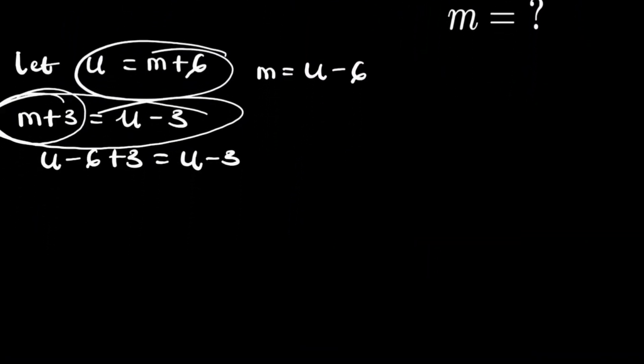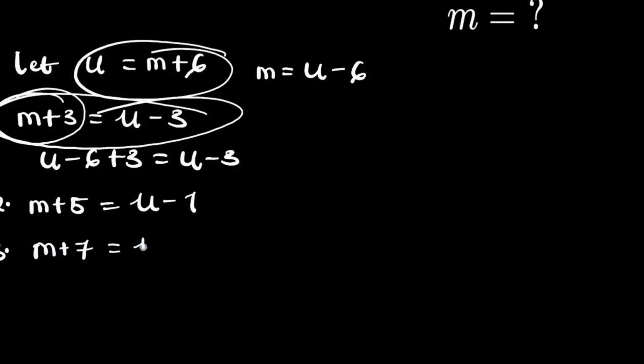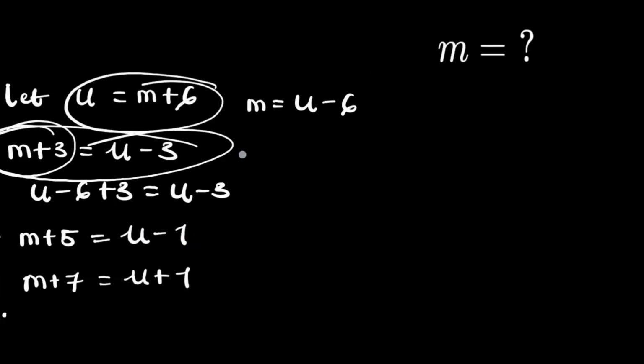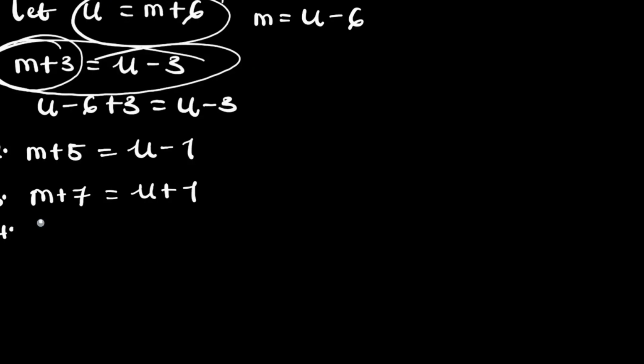The second bracket, m+5, will be u minus 1, doing the same thing. The third bracket, m+7, will be u plus 1. And the last bracket, m+9, will be u plus 3.